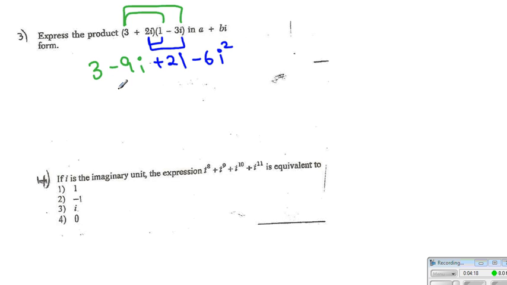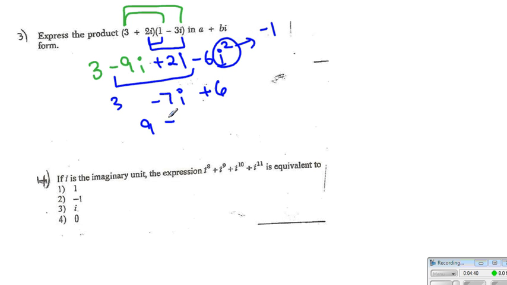Now, here we can combine these two terms, which will end up getting negative 7i. And then we already have 3. But here i squared becomes negative 1. We already have a negative sign in the front, so negative becomes positive 6. So when you combine 3 and 6, we will end up getting 9 minus 7i. That's what we end up getting.